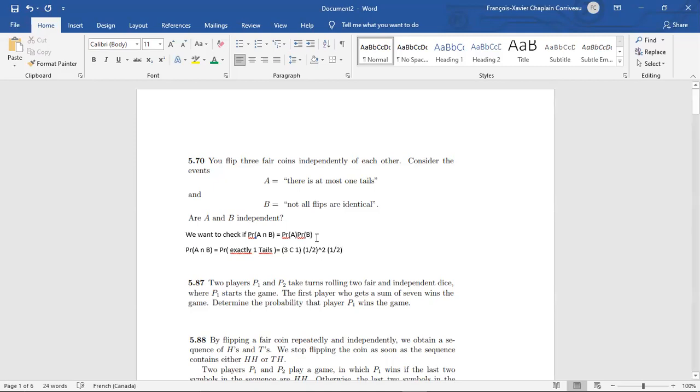So you don't need to write it like this, but essentially, this is the probability of having exactly 1 success in 3 trials. Essentially, this follows a binomial distribution. So you can use the formula here. The probability of success, tails, is 1/2. So I got 1 success and 2 failures. If you just wrote 3/8, that would be perfectly fine.